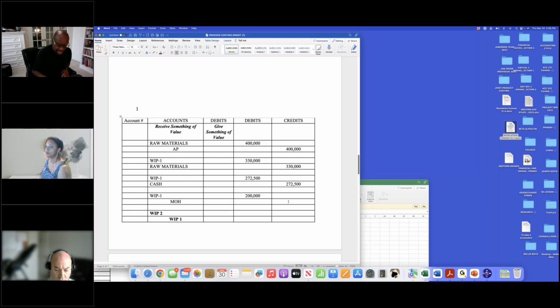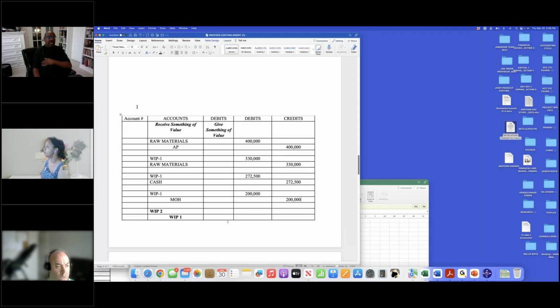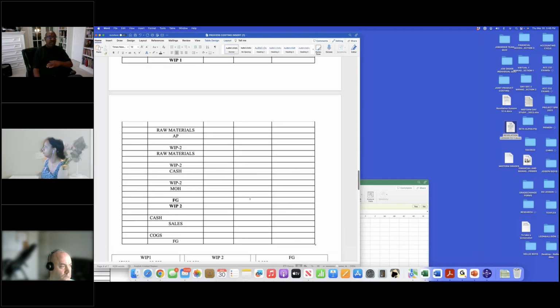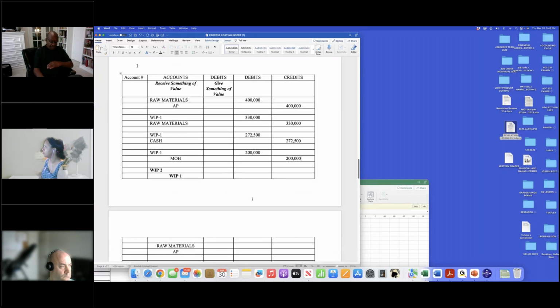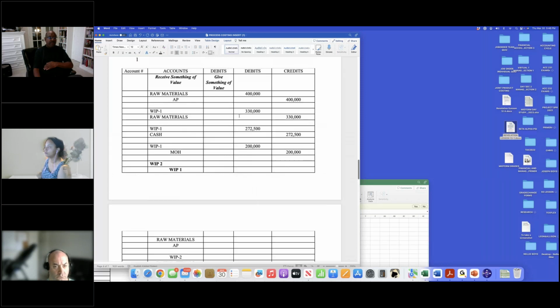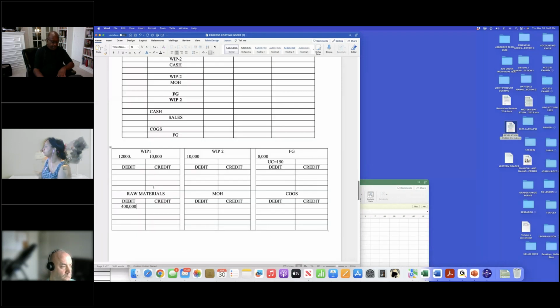Now the question becomes, how much of these costs are we going to transfer out from work in process one to work in process two? See, we got some T accounts here. So for the raw materials, how much we purchased was 400,000, then we transferred out 330.